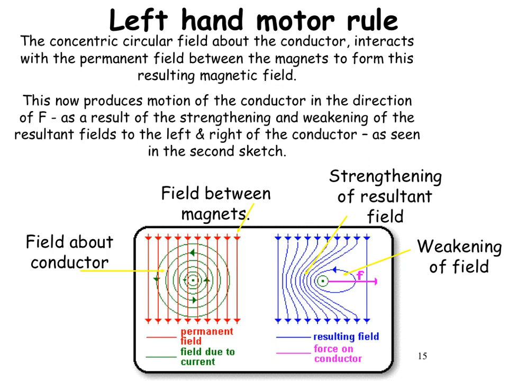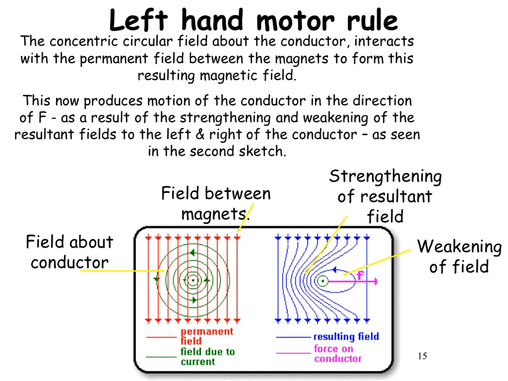Let's look at the interaction of these two magnetic fields. So this is coming out of the page. If you take your right hand rule for a straight conductor and you take your right thumb and put it out of the page, you will see that you get this anti-clockwise magnetic field around a straight conductor. My permanent magnetic field is going in that direction, and on the left hand side you can see you've got a reinforced magnetic field.